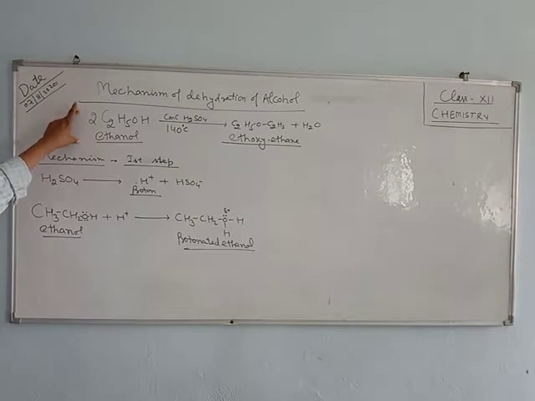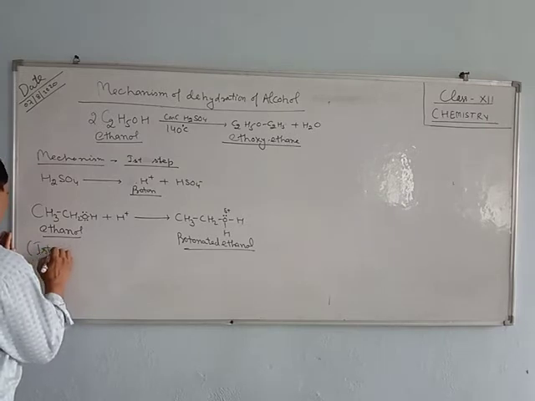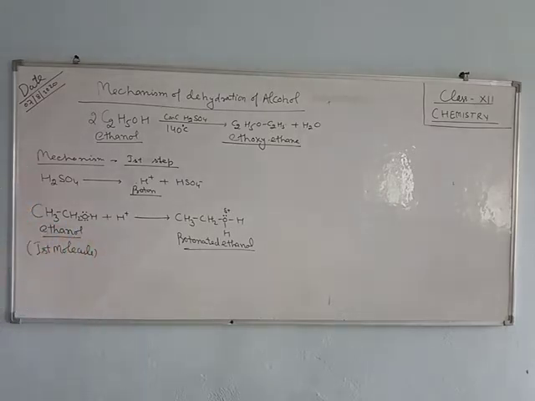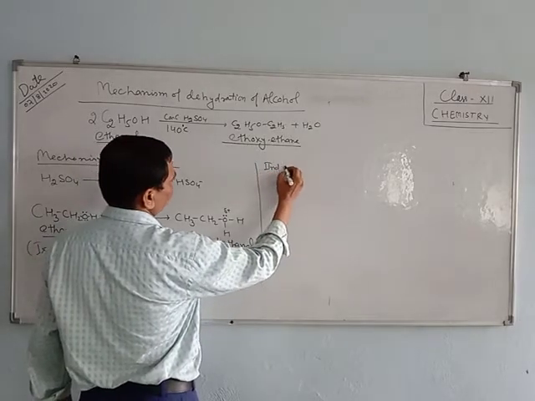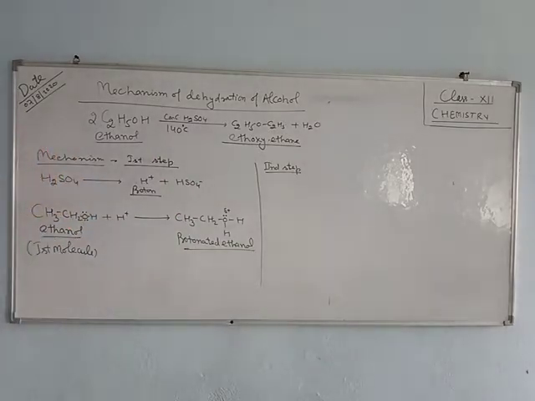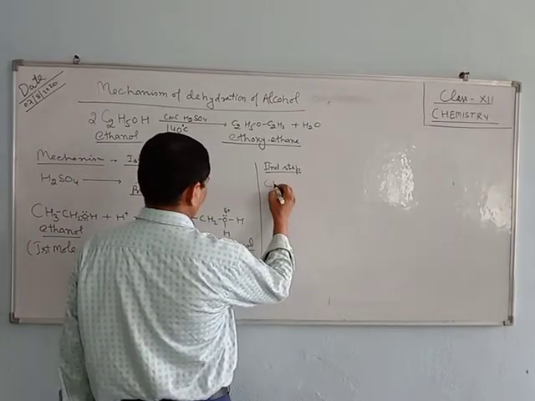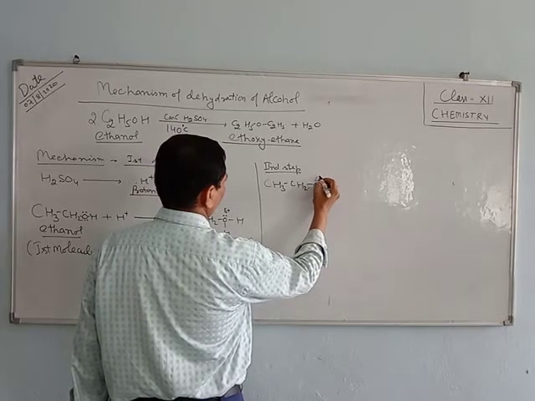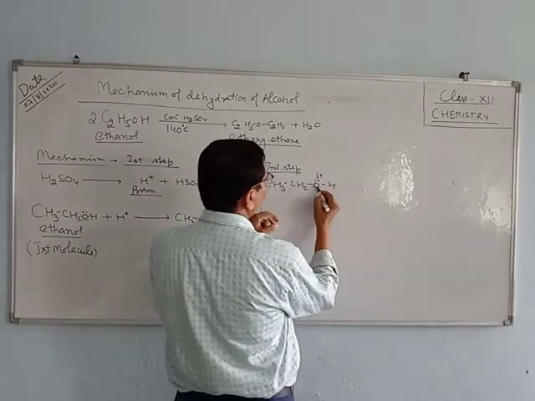But in this reaction, 2 molecules of ethanol are used. The first molecule of ethanol has been used to form protonated alcohol, and in the second step, this CH3CH2OH2+, this protonated alcohol, will eliminate the water molecule, because oxygen is more electronegative than carbon.